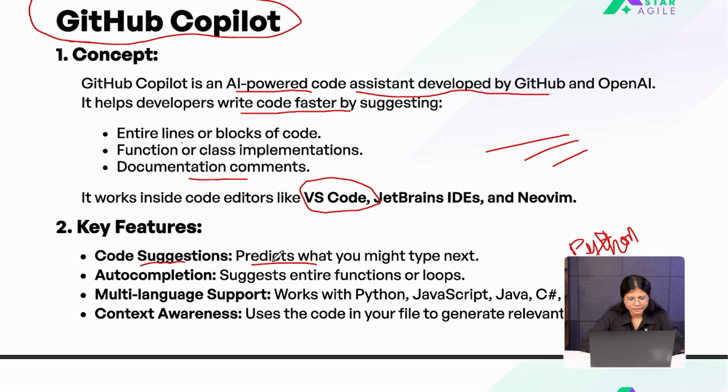The same way, here it also tells you about auto-completion: it suggests entire functions or loops. Let's say you are at the end or in the middle of your function; it will give you the entire function. It gives you loops and also auto-completion suggestions.